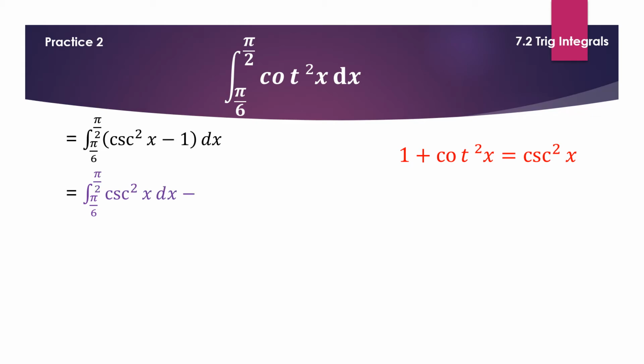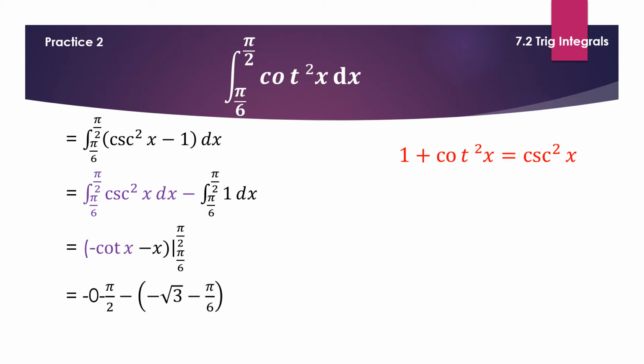And then we will have two integrals: cosecant squared x dx minus integral 1 dx. For the first integral, we'll have negative cotangent x. And for the second part, it's just minus x.